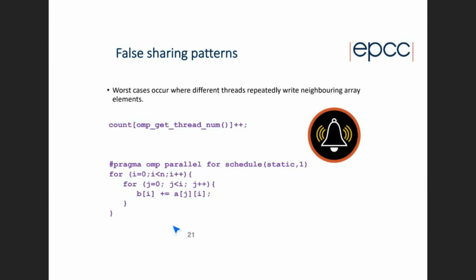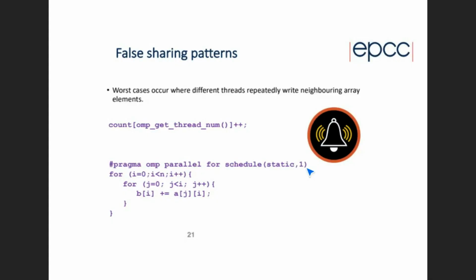So again, you can end up with this problem here. What's likely to happen is that if you do some experiments with the chunk size, you will find that 1 is not the optimal here. You'll find that some larger chunk size is better, where I've reached a point where, depending on the type of B here, all the accesses to a cache block come from the same thread if the chunk size is big enough.